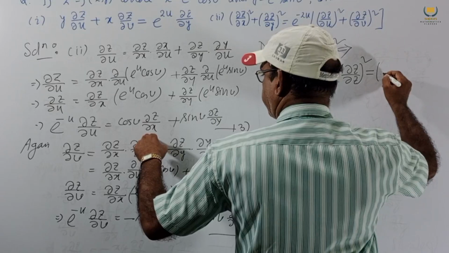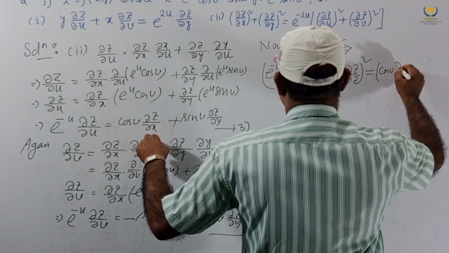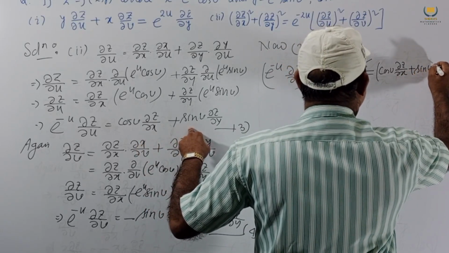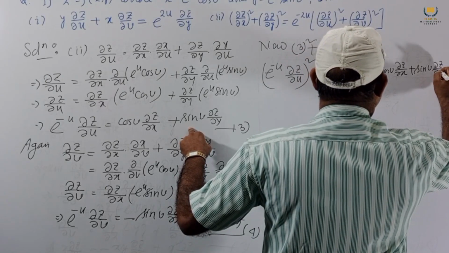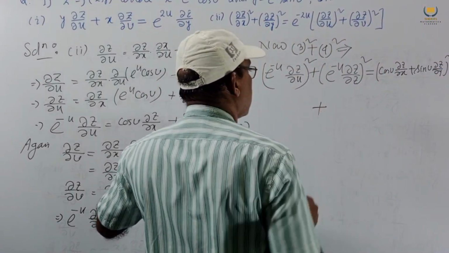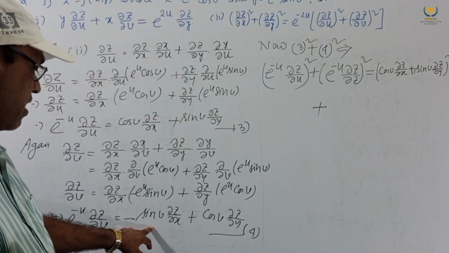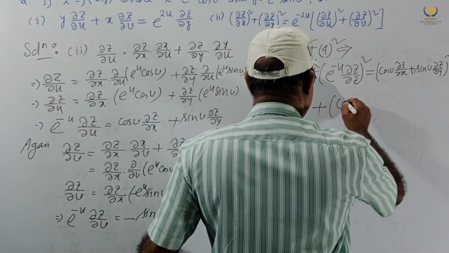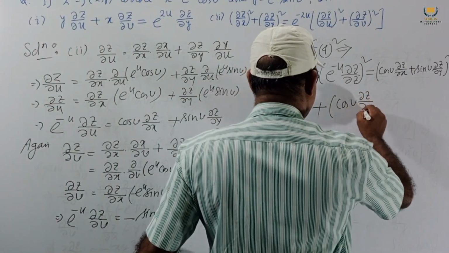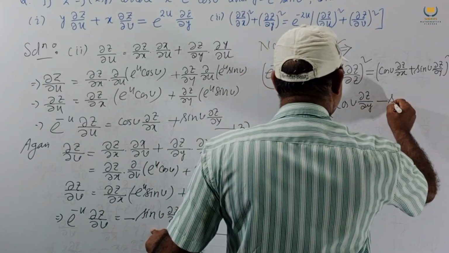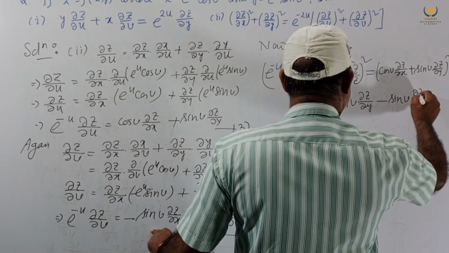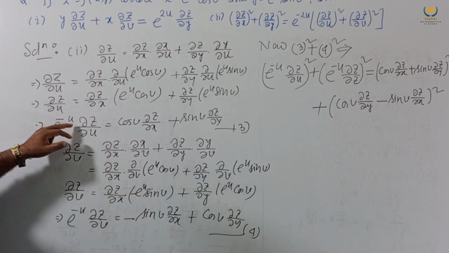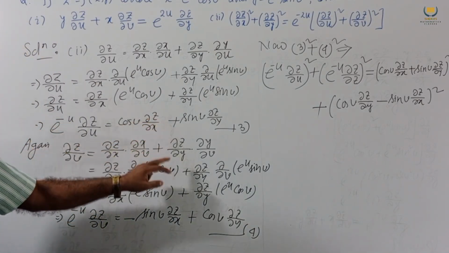This will be (cos v del z del x plus sin v del z del y) whole square, plus this one also, (cos v del z del y minus sin v del z del x) whole square. Just adding, squaring and adding this one and this one.